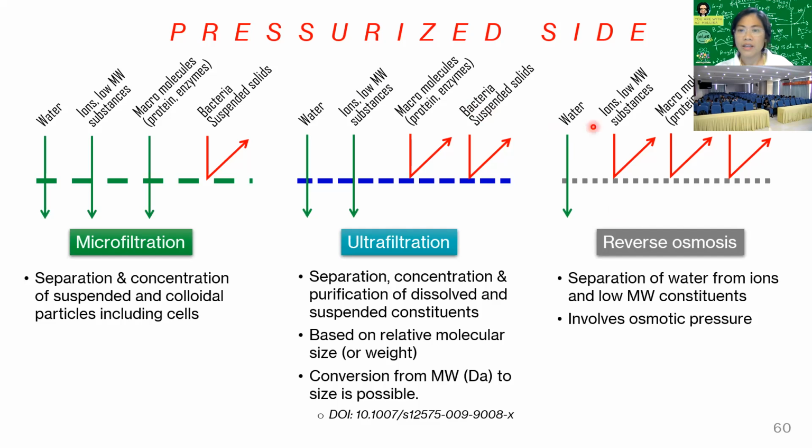Because if you start reverse osmosis straight away, maybe the membrane gets blocked by larger particles. So designing the process really depends on what you have in mind, the instruments that you have, and also the operating conditions. So that's more things to think about.